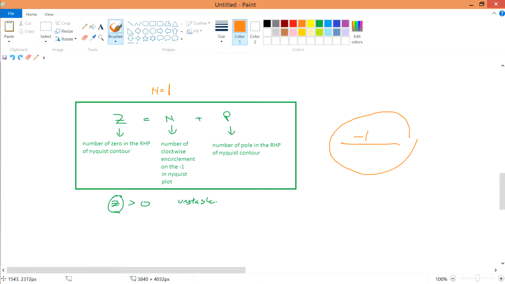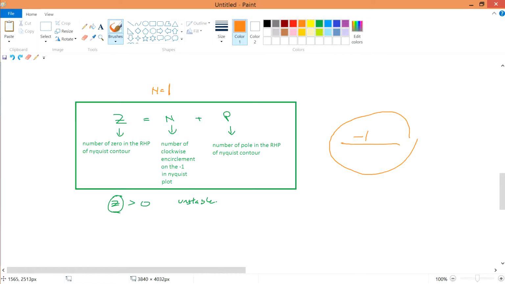If it's encircling in the anti-clockwise direction, then N is equal to -1. So the direction is a very important piece of information. Clockwise, N is equal to 1. If it's anti-clockwise, N is equal to minus 1.